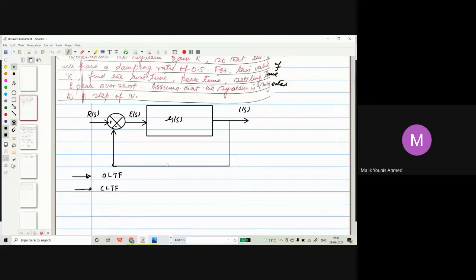What's the difference between these two terminologies, closed loop transfer function and open loop transfer function? I'm talking about the transfer function, not the closed loop system and open loop system we talked about before. Can you answer this question?